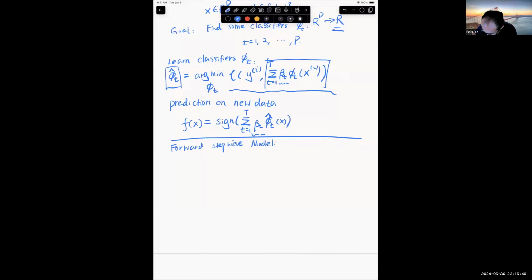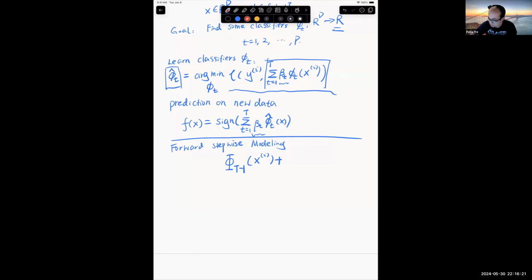So what is forward stepwise modeling? That means if I have some loss function already of my big phi, my classifier function big phi t-1, applied on x of i, I'm going to add one more correction term.